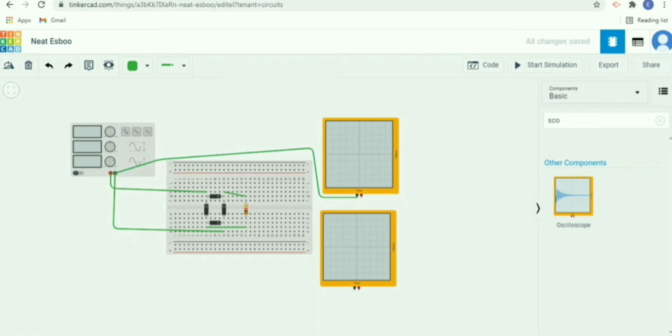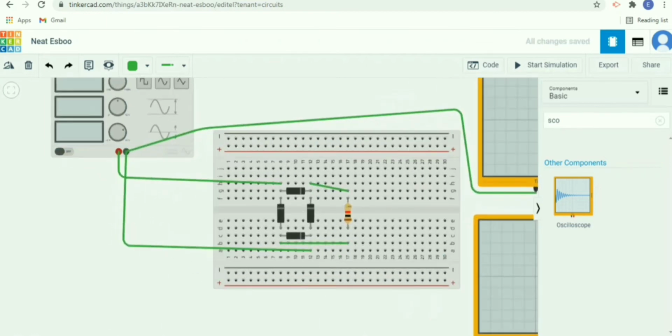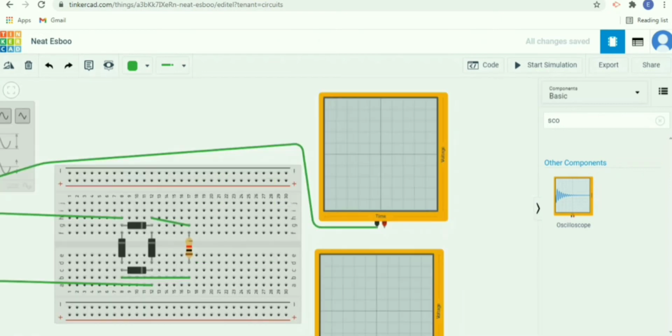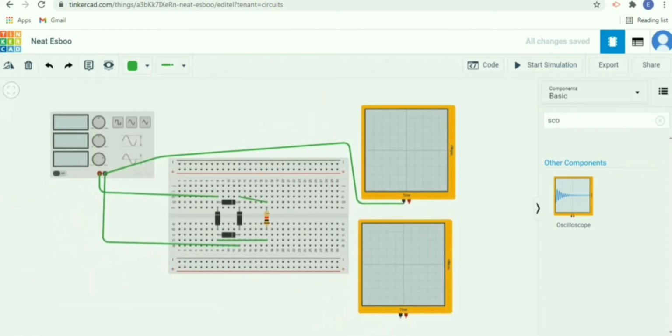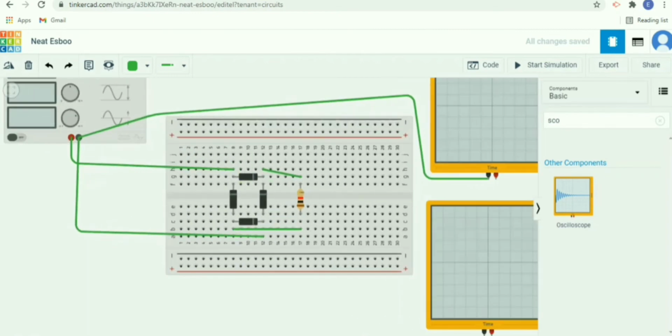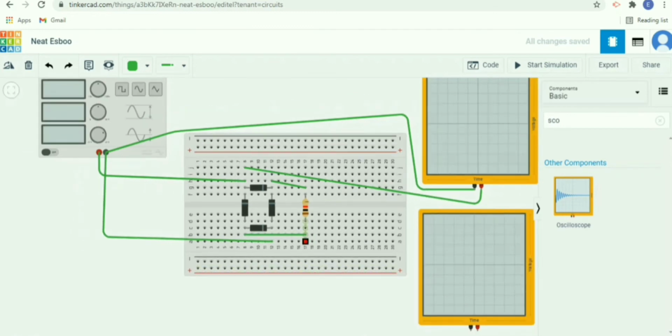The negative terminal of the oscilloscope is connected to the negative terminal of the function generator, and here we connect the input. The output is across the load, that means across the resistor.